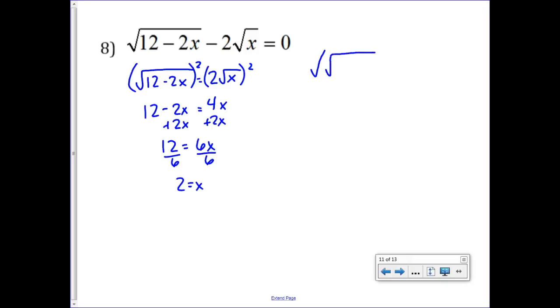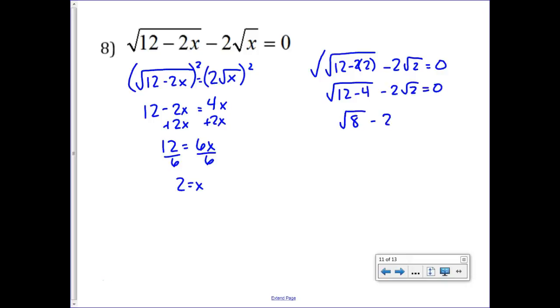So the square root of 12 minus 2 times 2 minus 2 times the square root of 2 is equal to 0. So 12 minus 4 is equal to, or minus 2 radical 2 is equal to 0. 12 minus 4 is 8.